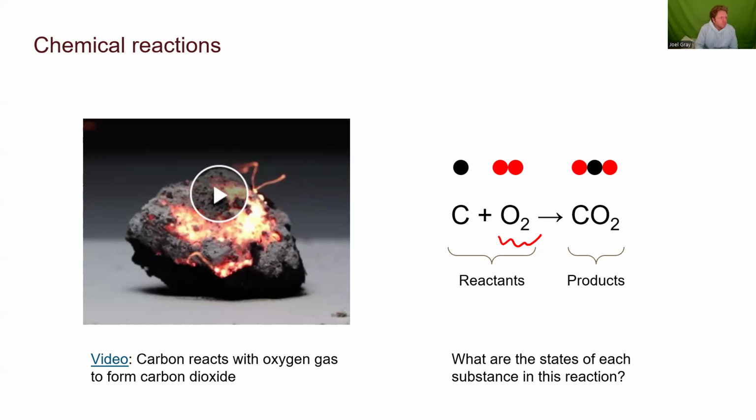This video shows a block or a chunk of carbon. What this black substance right here is, is a solid at the macro level that is at the micro level just a bunch of carbon atoms.